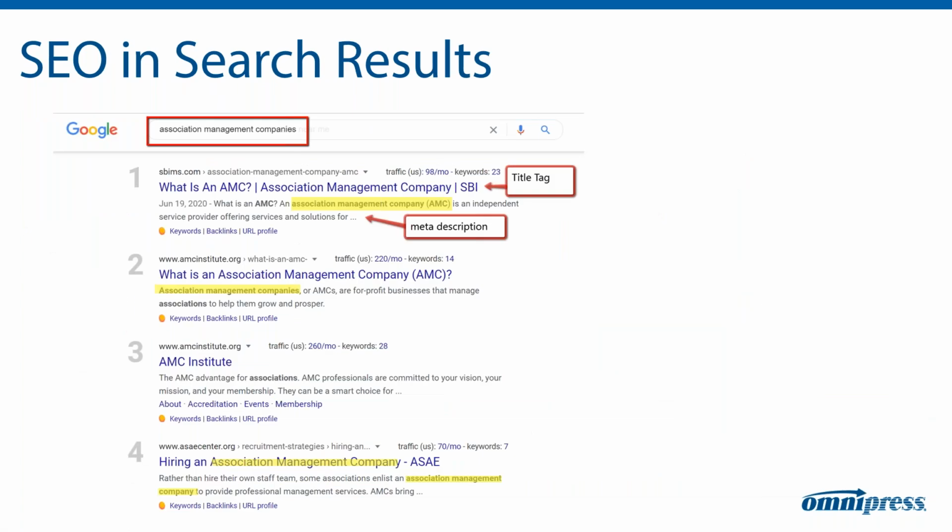So now let's take a look at how this looks from the searcher's perspective. So I've gone in here into Google and I've searched for association management companies. Now this blue clickable headline I mentioned before, that's your title tag, and your meta description is the 2 lines under here. So just like we were talking about before.